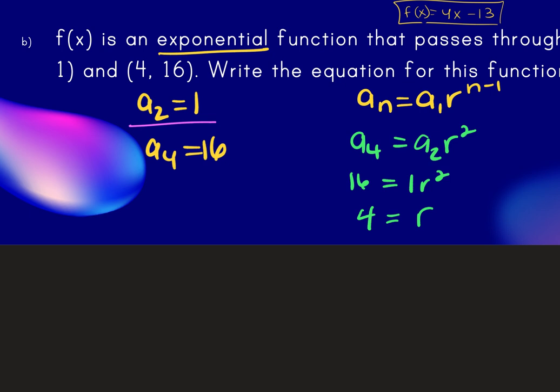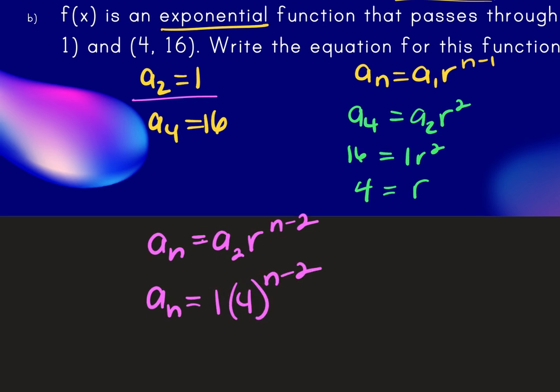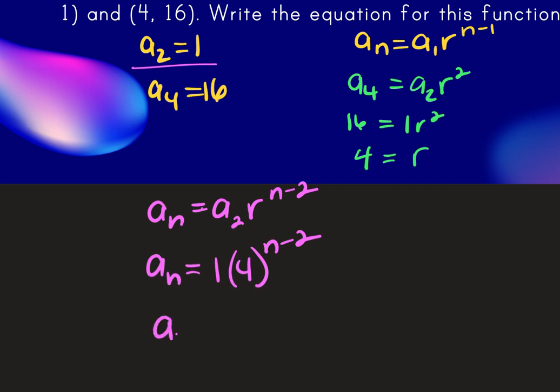I can use my A2 as my initial value, so I can say An equals A2 times R to the n minus 2, and then plug in those values. So An equals 1 times 4 to the n minus 2, and I would go a step further and make that 4 to the n minus 2.